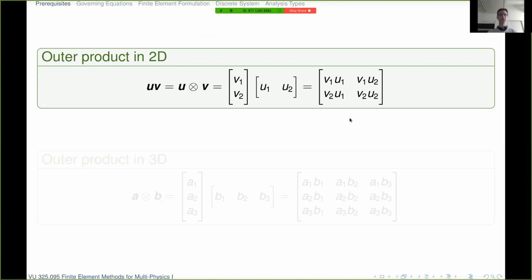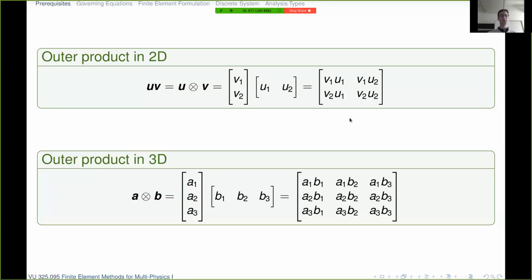Of course, this can be directly extended to 3D. So in 3D, it works the same. You write the two quantities and you obtain a 3 by 3 matrix or a tensor of rank 2.